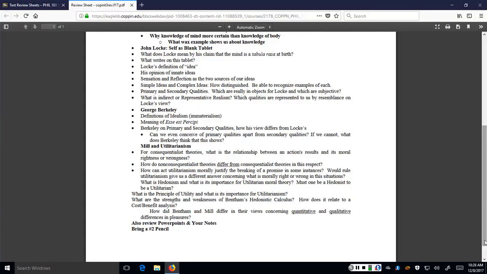He cannot use the design argument or the argument from first cause, the cosmological argument, because both of those depend on observations about the world. So he's got to use an abstract argument, and he uses more than one, but the main one is the ontological argument. So Descartes tries to prove the existence of God, and of a God who has all perfect qualities and is not going to deceive us.